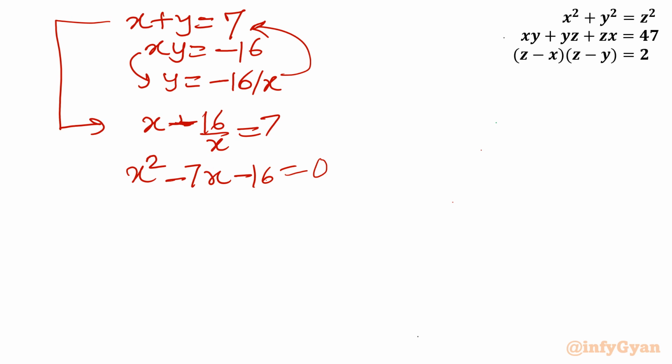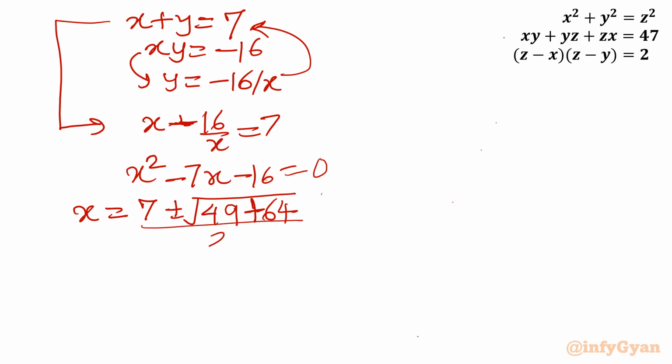Now this is a quadratic equation. We have to apply Sridharacharya formula. Minus b, so 7 plus minus square root of b square 49 minus 4ac with negative sign plus 64, divided by 2. Now this is 7 plus minus square root 113 over 2. Nothing will happen to this x value, because square root 113 remains as it is.